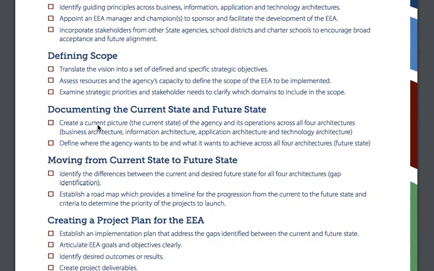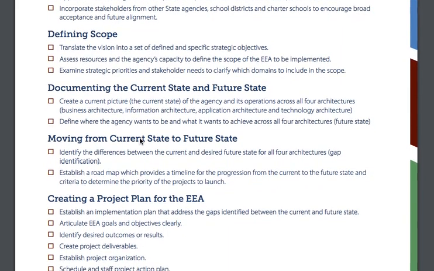From there, we're going to be documenting the current and future state of our organization. This process will be outlined for you further in the presentation. But what we're doing here is we're looking for the gaps we need to close as we're moving from current state to future state. This gap identification takes place.